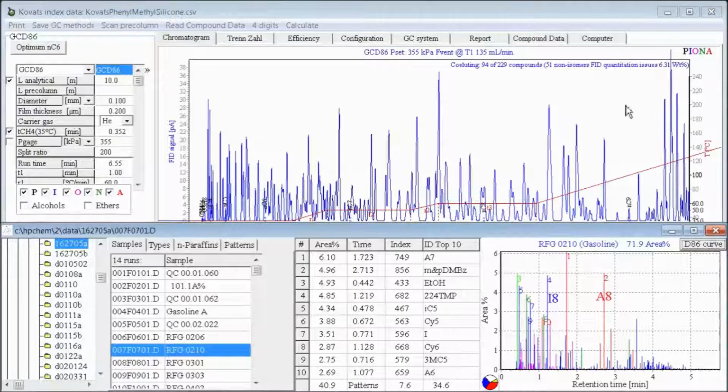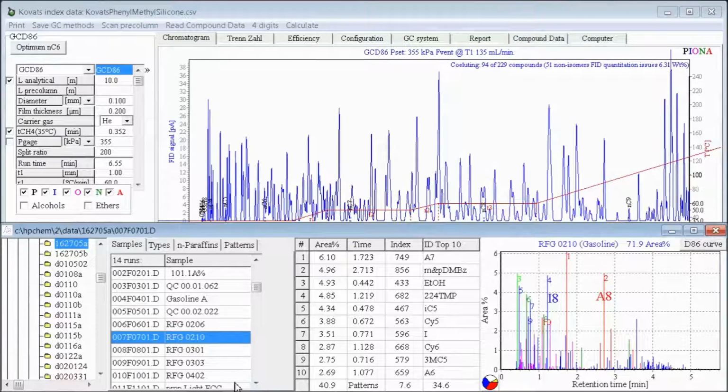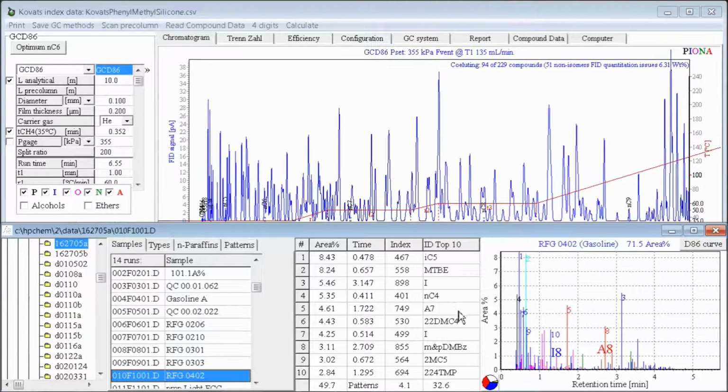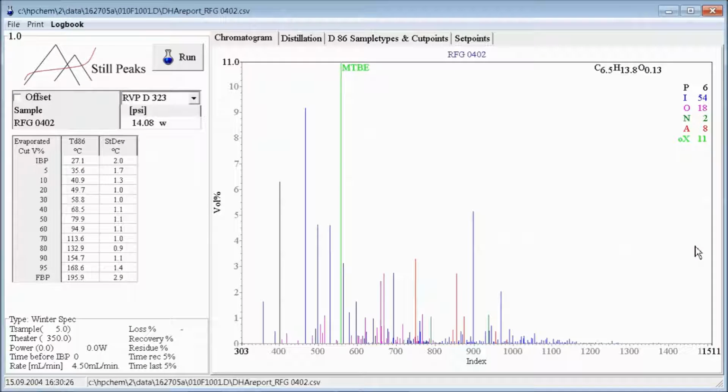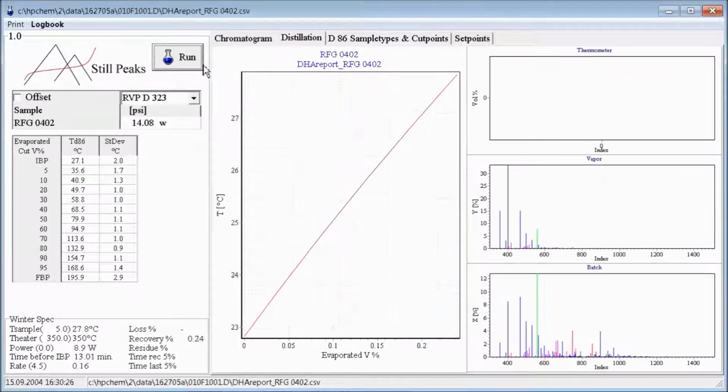I can show you another example. That is this one. This is typically a gasoline with isomerate in it and MTBE, and it's also an ASTM cross-check sample.